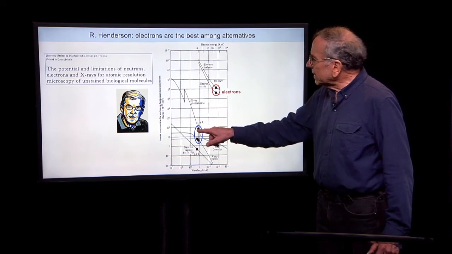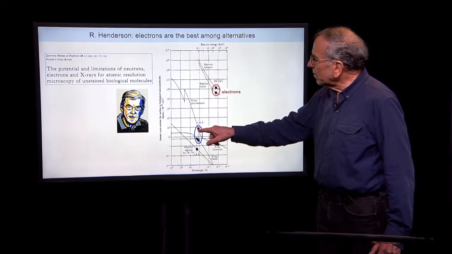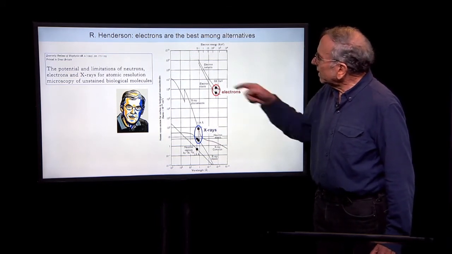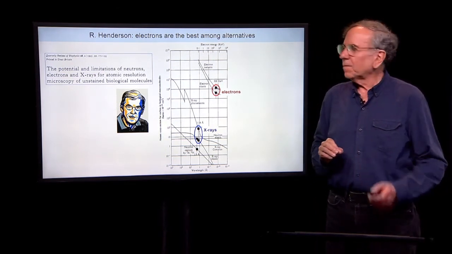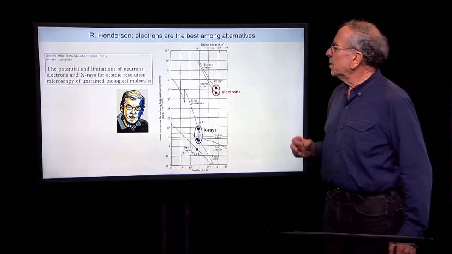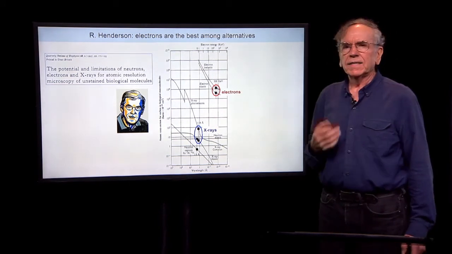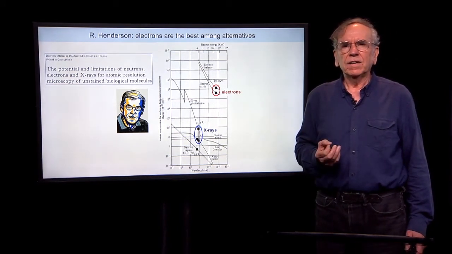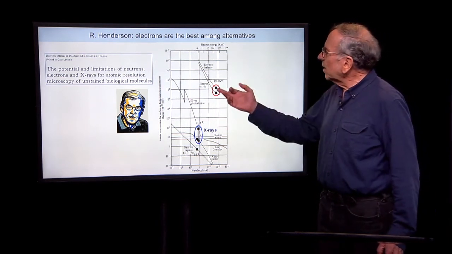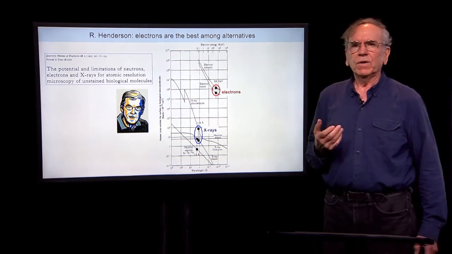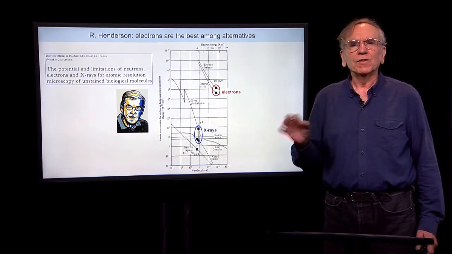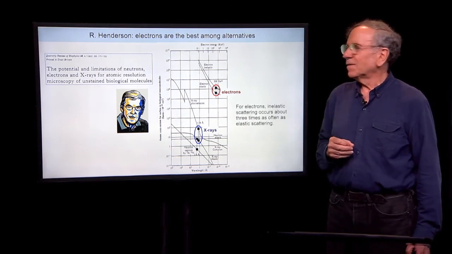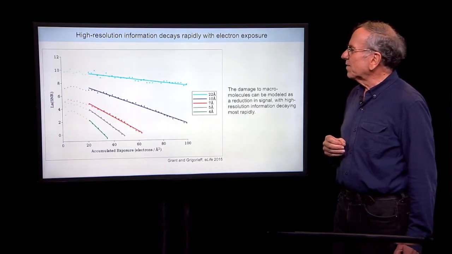So in both cases, the inelastic scattering probability, that's denoted by these upper dots, is larger than the elastic scattering probability. Nevertheless, we get elastic scattering events, and those are the events that give us contrast. But clearly, we cannot deliver too many electrons, or we will, in fact, burn up our macromolecules before we've gotten a decent picture of them.